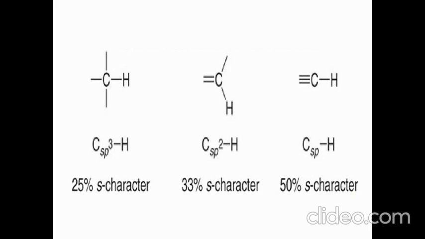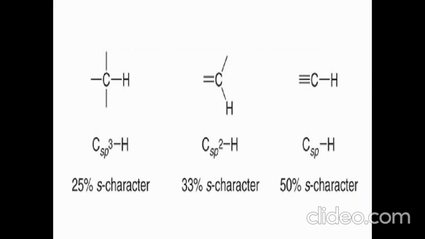So based on this, if the carbon is sp3 hybridized, then it will have the lowest peak position, and if the carbon is sp2 hybridized, then it will have a higher value than the sp3 hybridized carbon, but a lower value than the sp hybridized carbon, the hydrogen attached to the sp hybridized carbon.